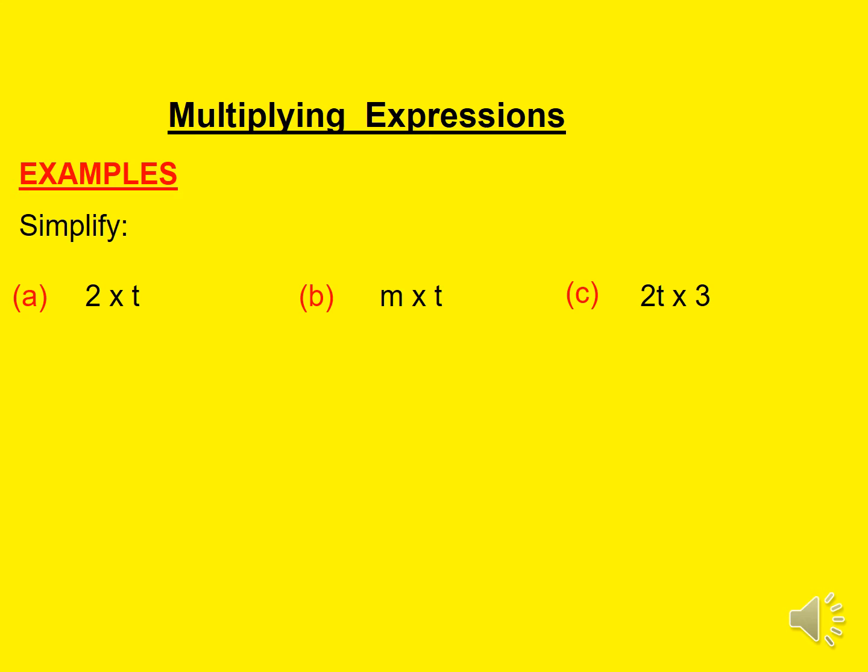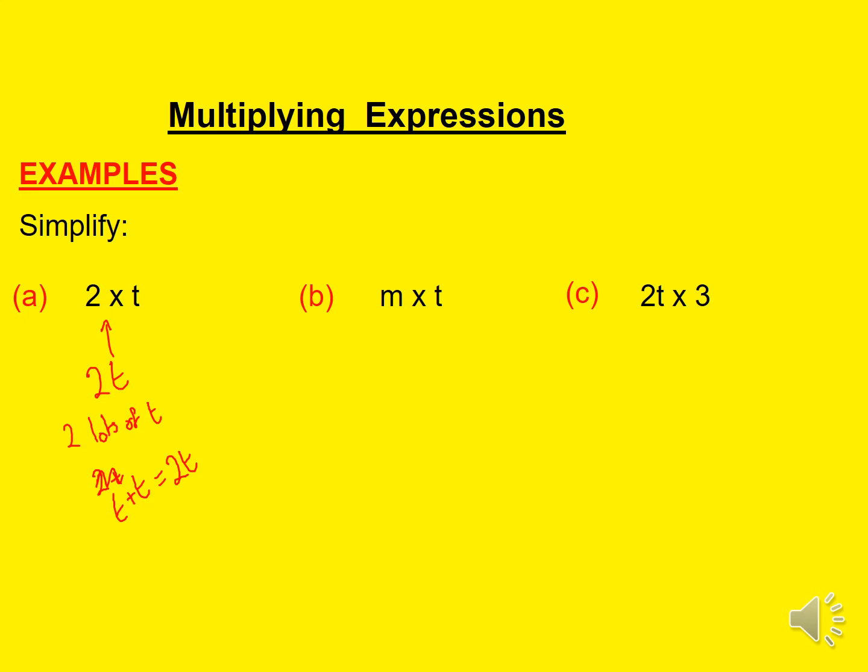So basically, when we're dealing with algebra, if you've got a number times a letter, rather than writing it as 2 times t, we write it just as 2t. And that means 2 lots of t. So 2 times t, so t add t, we write that as 2t.